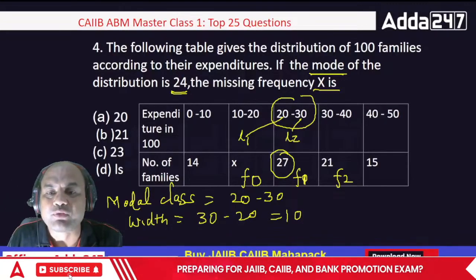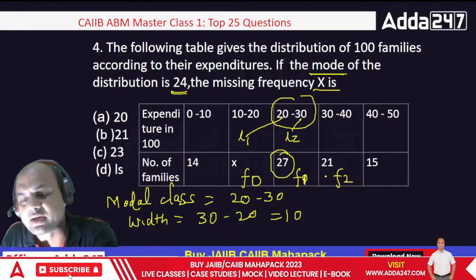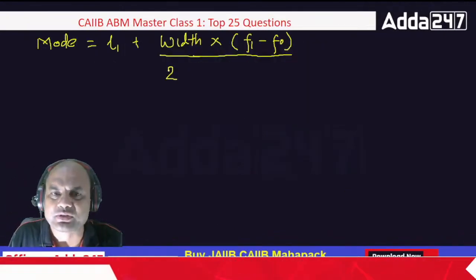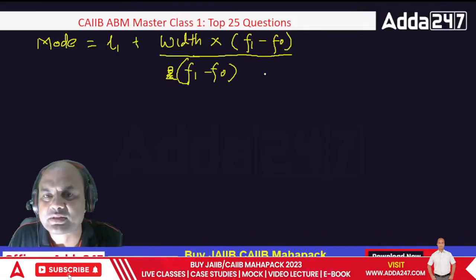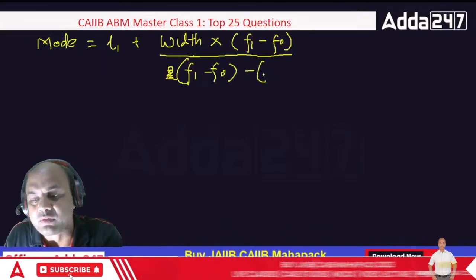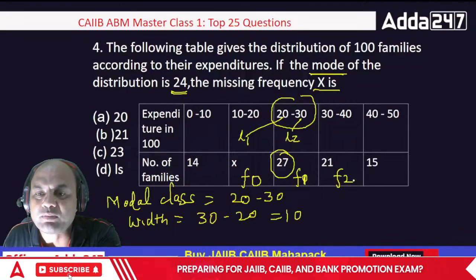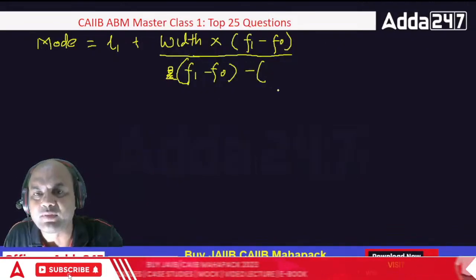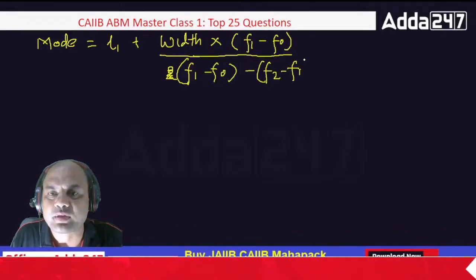What is this? First you have to do F1 minus F0 minus F2 minus F1. So we can derive this also.